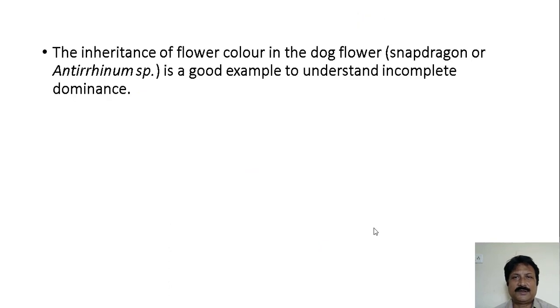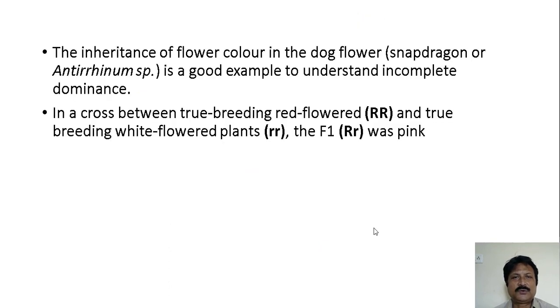Now let us try to understand. So Antirrhinum can be considered as a good example to study incomplete dominance. Why incomplete? Because here dominance is not complete. That is why the red color or the white color totally did not mask the other color.